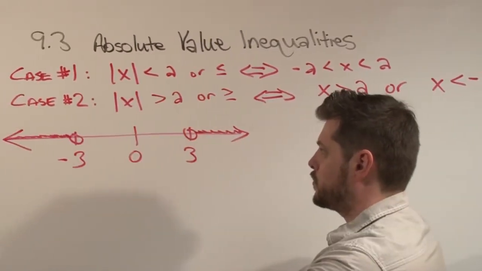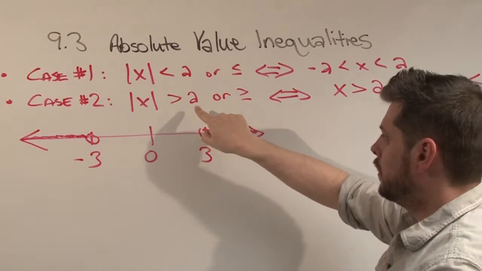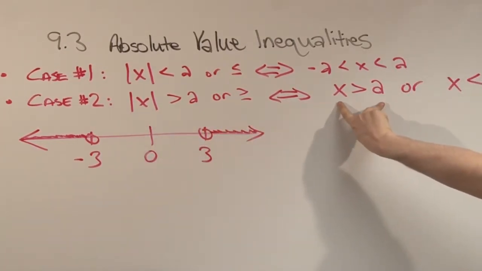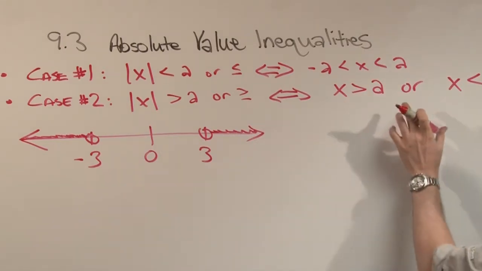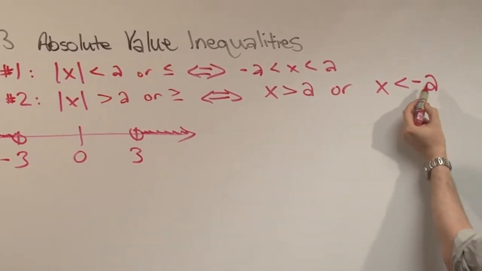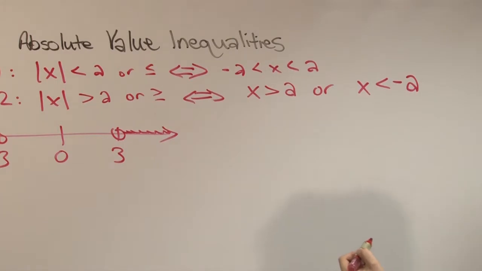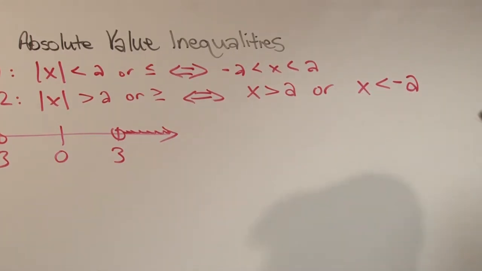In order to drop the absolute value signs, we keep our greater than sign, we keep our positive a, right? This gets us the first half of our inequality. But then we have to go through the looking glass. And when we do, not only do we flip the sign of our value, but we also flip the direction of our inequality. And that will give us the second half of our solution set.